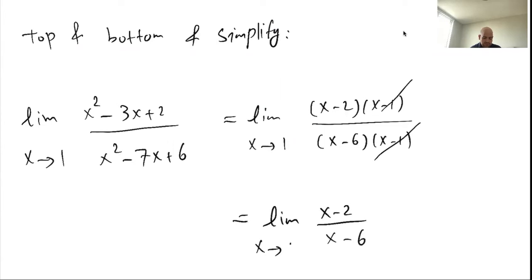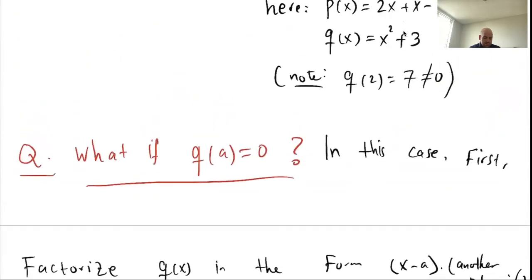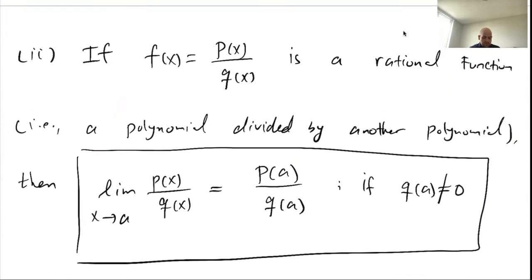So after you cancel x minus 1, you're left with x minus 2 over x minus 6, as x approaches 1. Now, this is a rational function where, especially, it's important that the bottom is non-zero at the point so that we can use this rule. We saw that for rational functions, we are allowed to simply replace x with a as long as the denominator is not 0 at a.